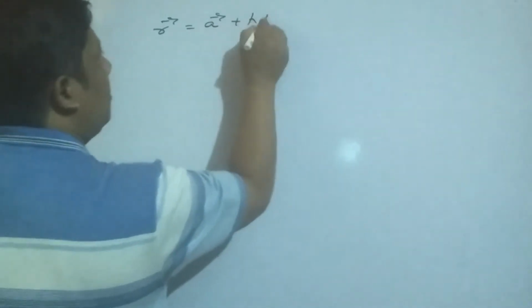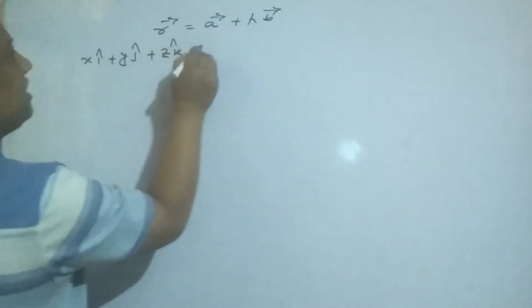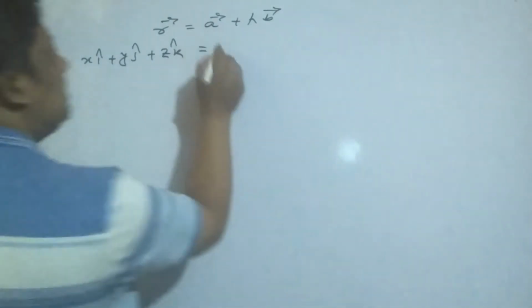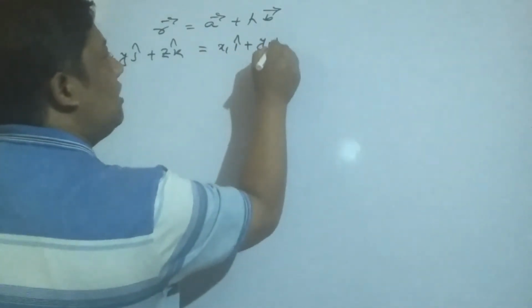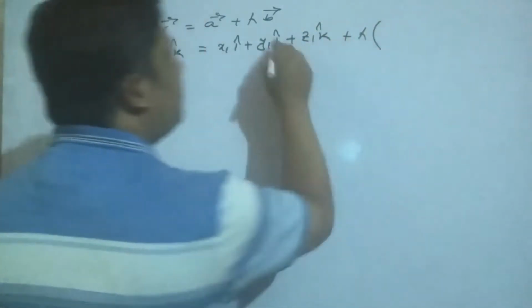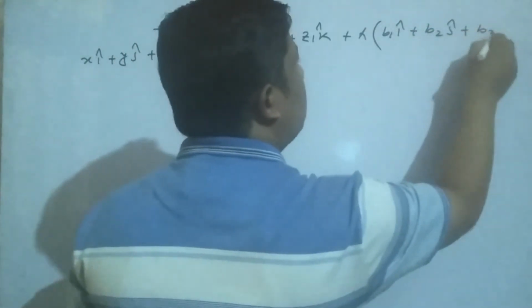Then you have to use it like this. R vector equals A plus lambda B vector. R equals xi, yj and zk, because it is the variable point. Any variable point you have to write like this: xi, yj and zk, and this is the point whose coordinate is x1i, y1j and z1k, and b is the parallel vector b1i, b2j and b3k.